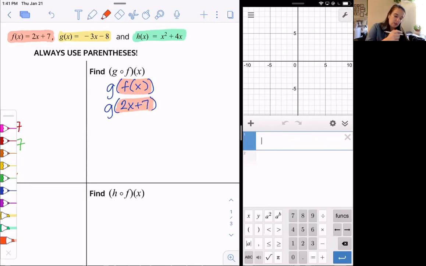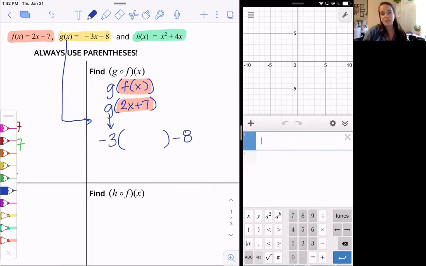I see you. So now I'm going to take the g function and write it as a shell. I'm going to take out the x's and put in a big parenthesis. So my g function is negative 3x minus 8, but I'm taking out the x and leaving room to put in that other function.